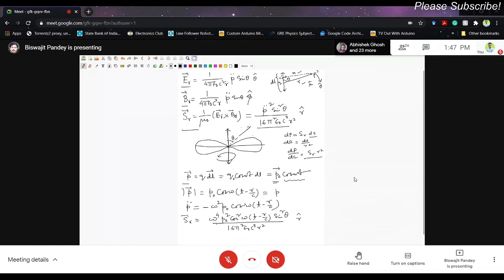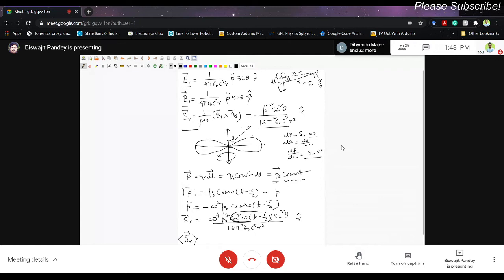Now, if I ask you to calculate the time averaged value, that is, you have an oscillating dipole which is oscillating with time, and if we calculate the average over a time period, that means you have to integrate from 0 to capital T, dt. So if you integrate this over the time period, you have a cos square of omega t minus r by c, which will give you a half factor.